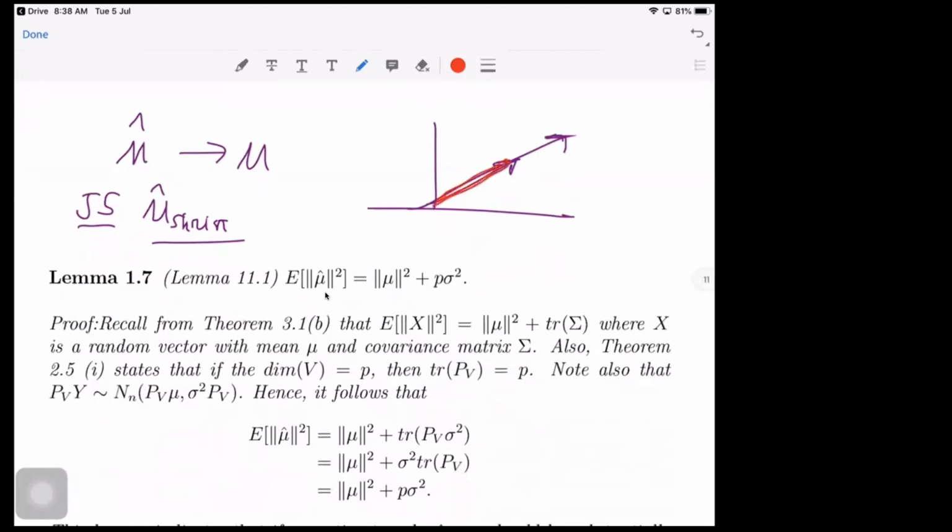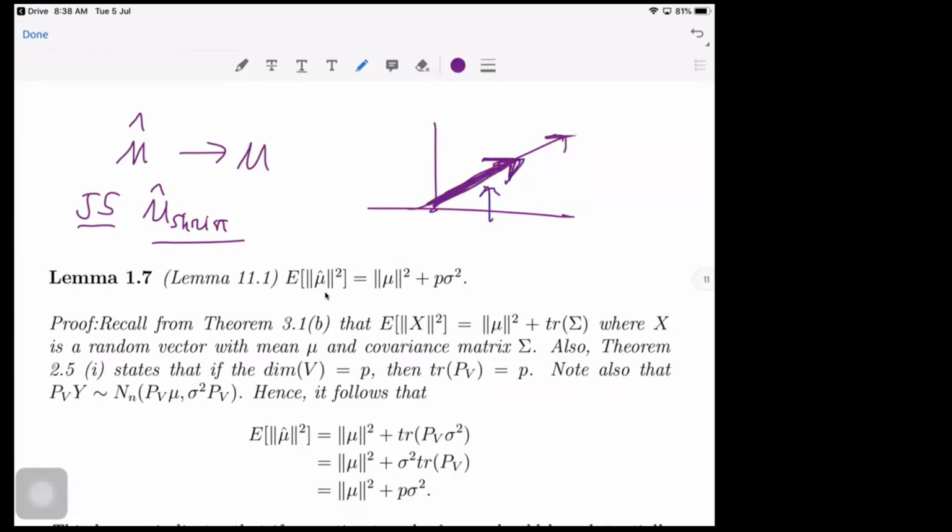How do you shrink a vector? You have to pre-multiply it by a constant. Now what should that constant be? Large or small? It should be a scalar multiplier so that the vector shrinks. You can also expand the vector.